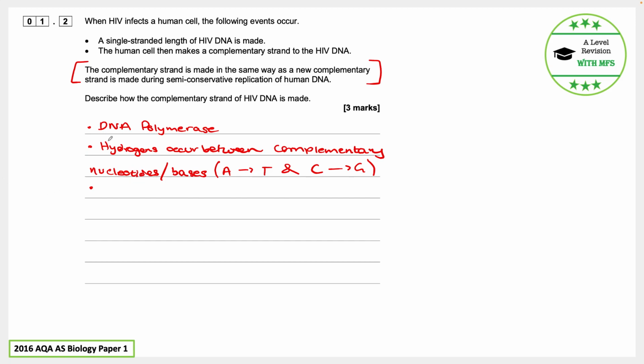Okay, so the nucleotides join together with each other to form the backbone of the strand. And what bond is formed? It's a phosphodiester bond. Okay, so that's what I would write for 3 marks.